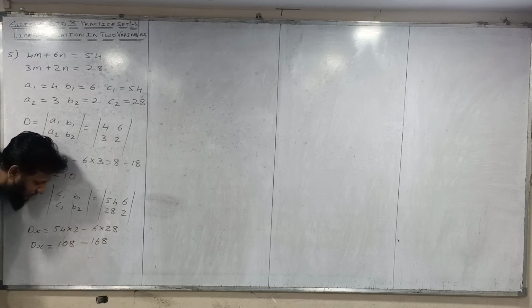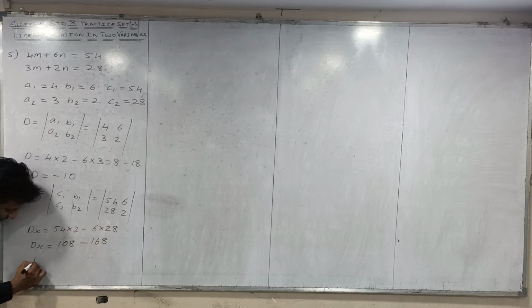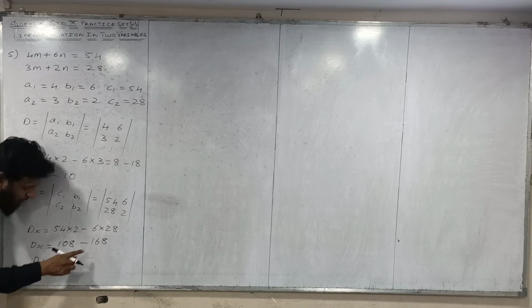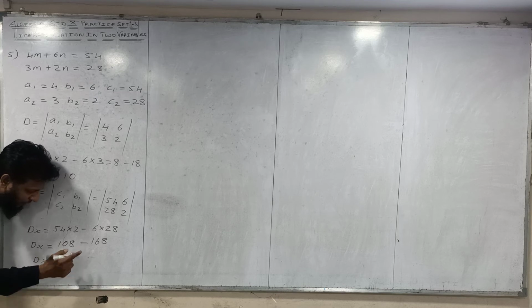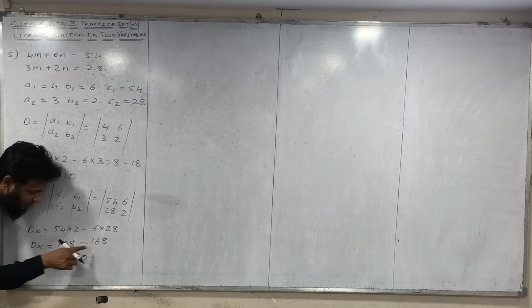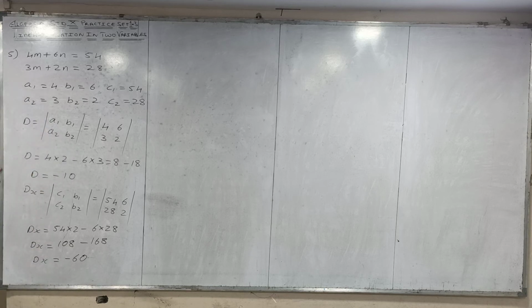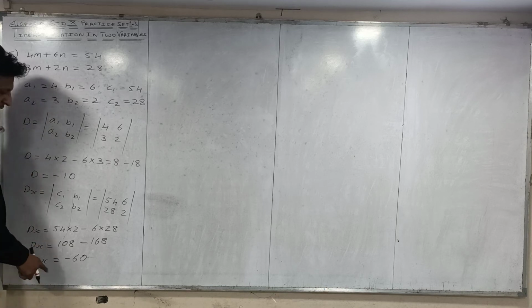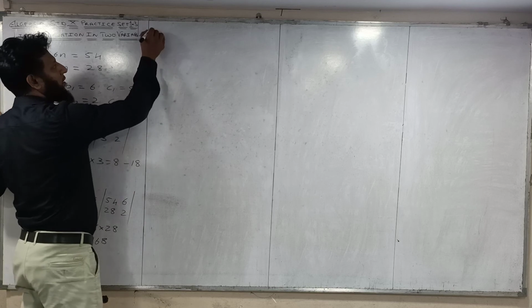The value is 168. dx is equal to minus 168 and plus 108 gives you minus 60. So the value of determinant x is minus 60.